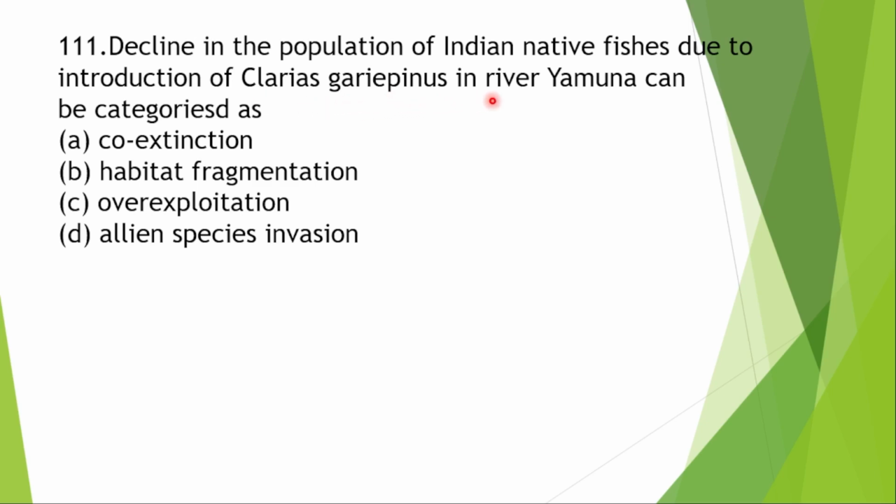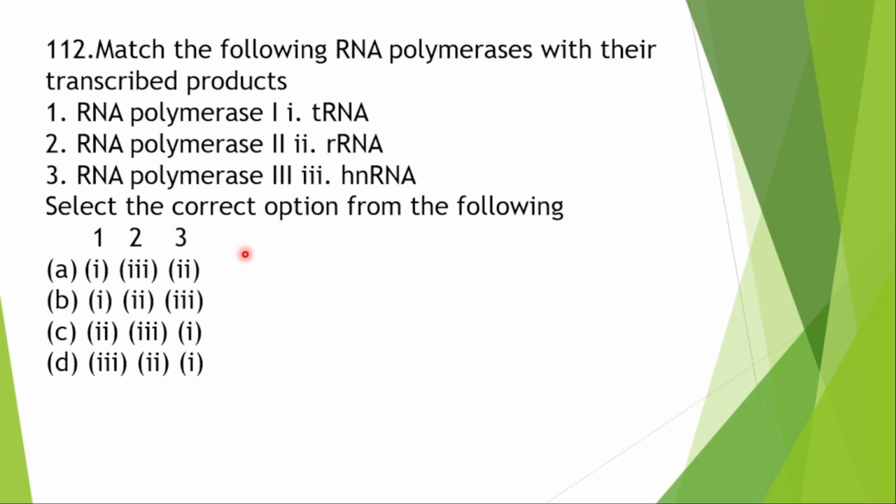111. Decline in the population of Indian native fishes due to the introduction of Clarias gariepinus in river Yamuna can be characterized as coexistence, habitat fragmentation, overexploitation, alien species invasion. This is called as alien species invasion. Next question 112.